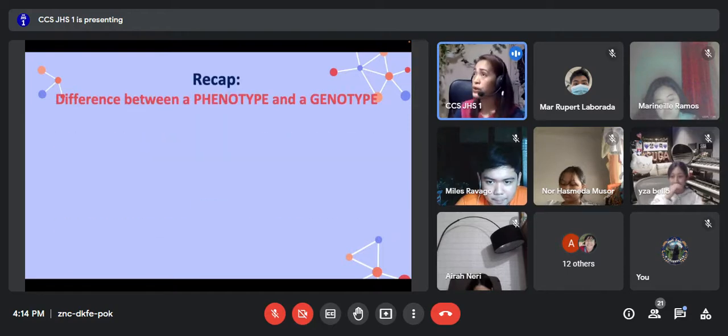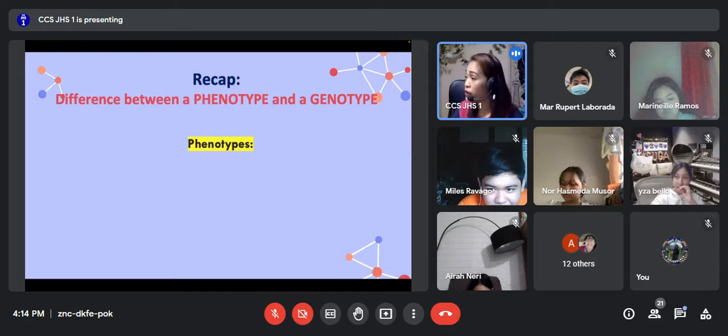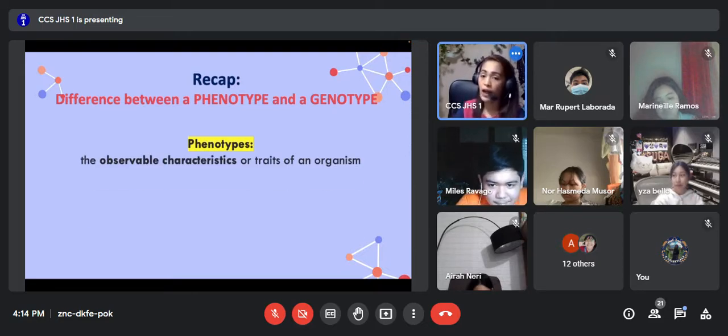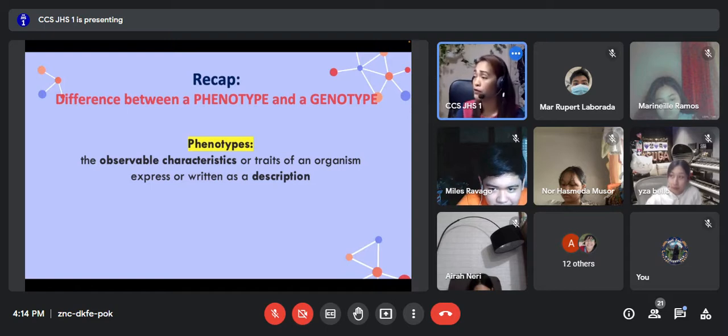Now, we also discussed yesterday the difference between phenotype and genotype. When you're asked for a phenotype, you're asked to simply give the observable characteristic or description. And of course, when you are giving a description, usually you use descriptive words or adjectives.